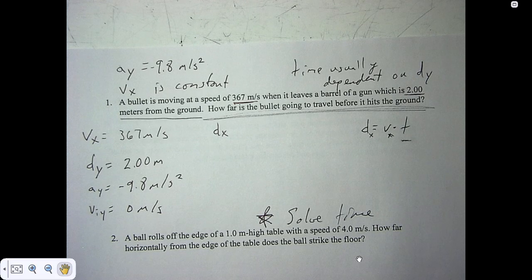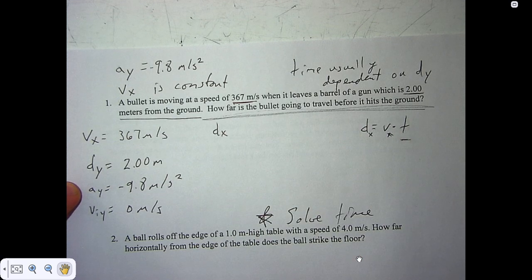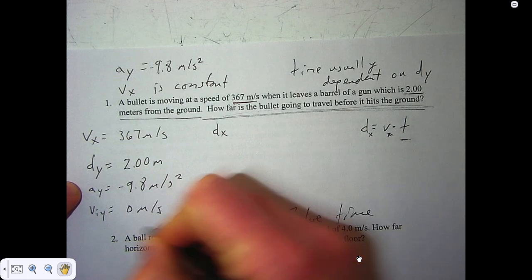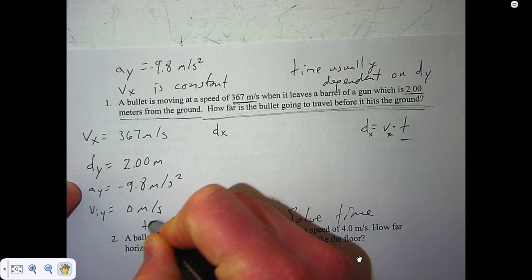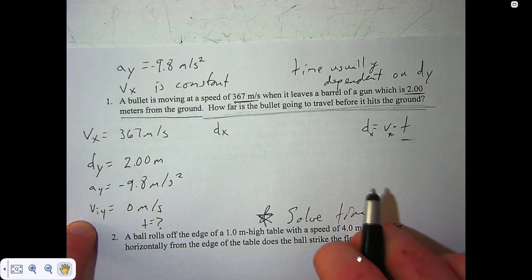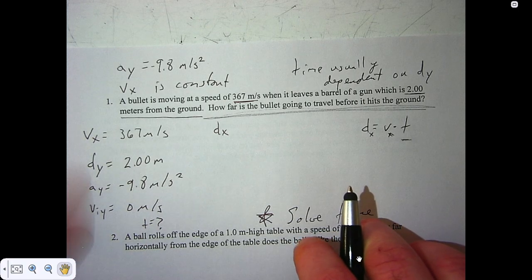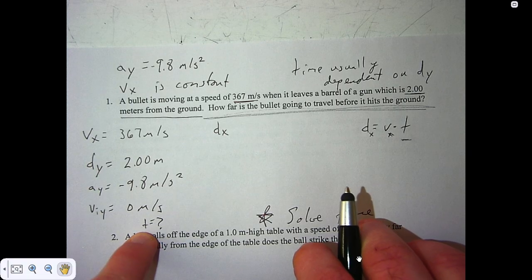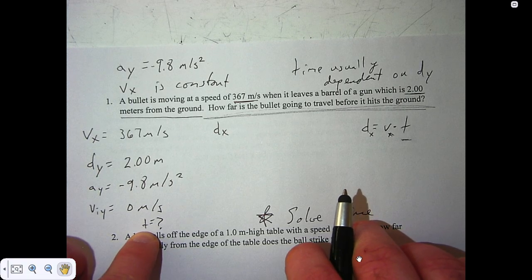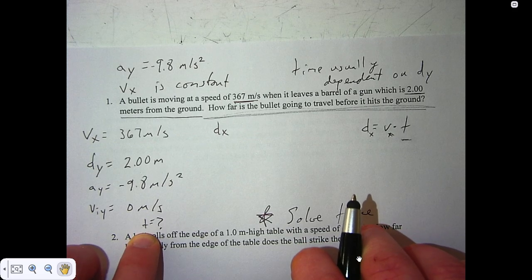So the question is, how do I solve for time? I'm going to be paying attention to the dy information because that's what determines my time. I don't know my time, but I have dy, ay, and initial velocity being 0. If I know these three things and I'm looking for time, which kinematic equation, from the unit before vectors, should I use?